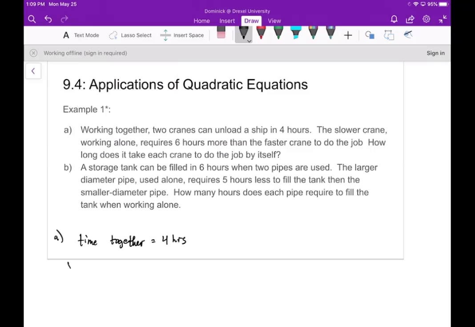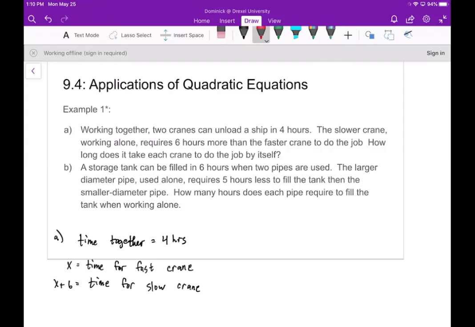So we could say that X is the time for the fast crane. Then we know that X plus 6 is the time for the slow crane. All right, and we want to know how long it takes for each crane to do the job by itself. So we want to find X and we want to find X plus 6.